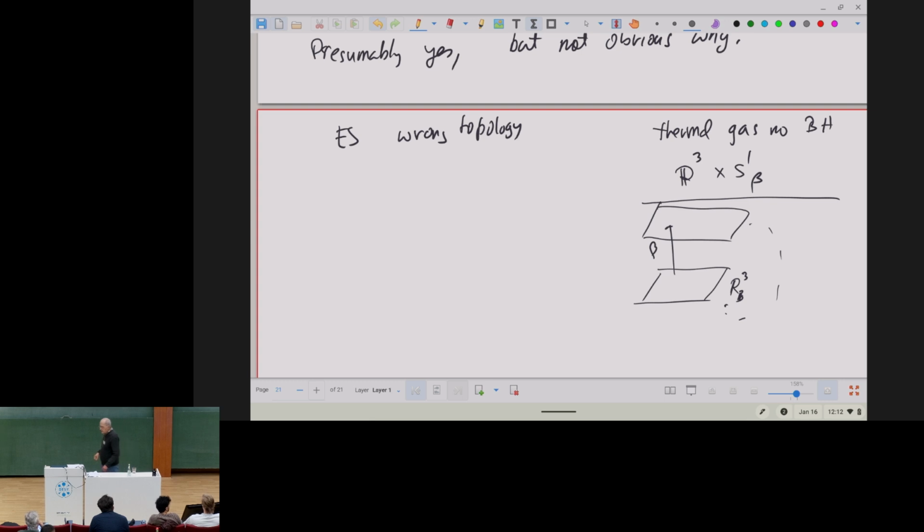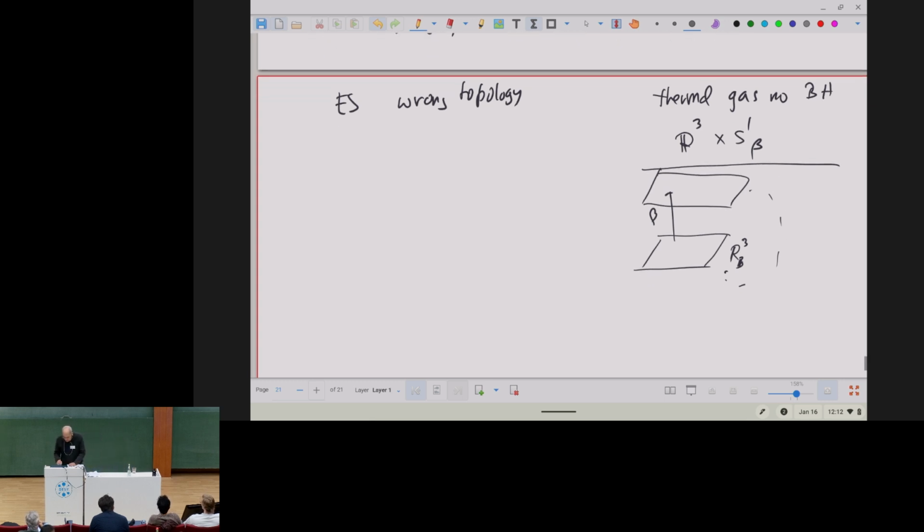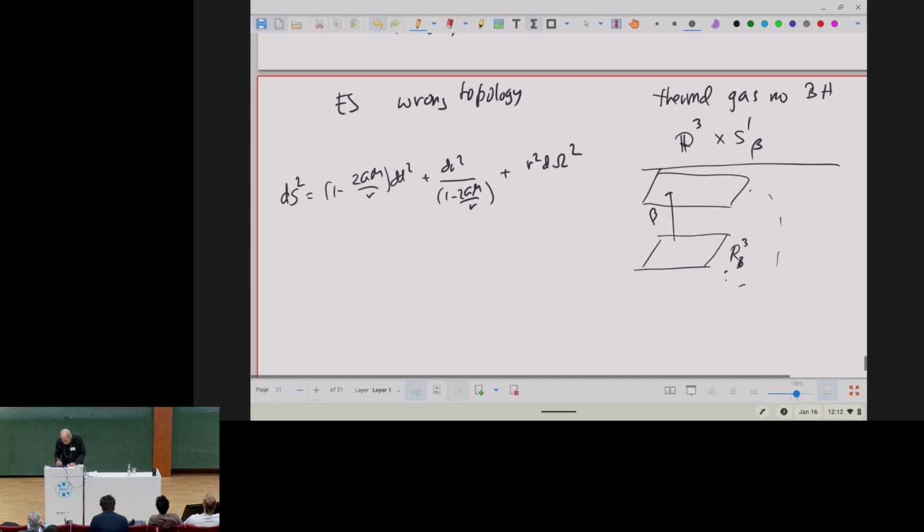Now, the topology of the Euclidean Schwarzschild is wrong. I always wish I had the metric handy when I need it, but the important thing is that R never goes to 0. R is bounded below by 2GM, right?